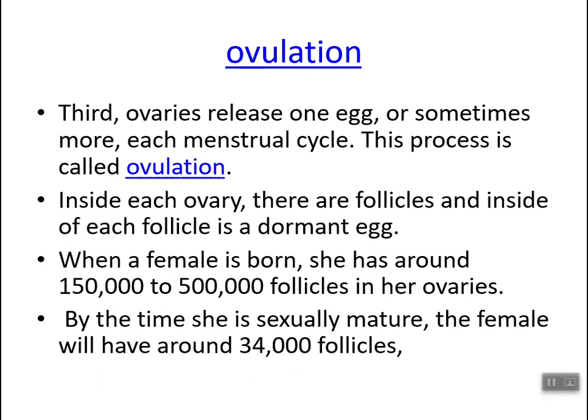But by the time the girl is sexually mature, she will have around 34,000 follicles. Okay? So remember these numbers: at the time of birth, 1,50,000 to 5 lakh; at the time of sexual maturity, 34,000. These figures may vary depending on the research, but this is near.